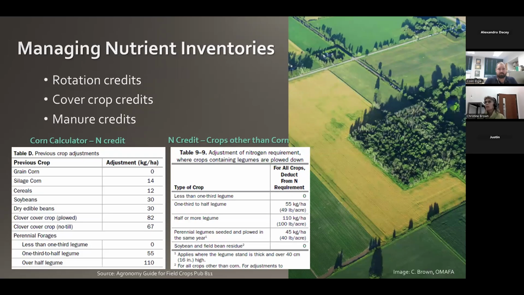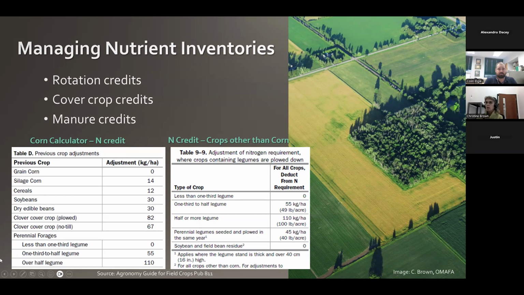And so one of the credits that we look at in that nutrient inventory is from previous crops. So in this case, it would be nitrogen credits potentially from alfalfa or from red clover, from cover crops. But if we've got a cover crop, we've also potentially got some improvement in our soil health and potentially in that nutrient cycling, which sometimes can make phosphorus a little bit more available, potash a little bit more available, some of the micronutrients.